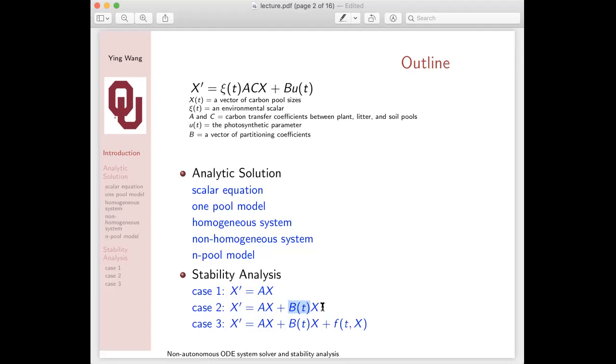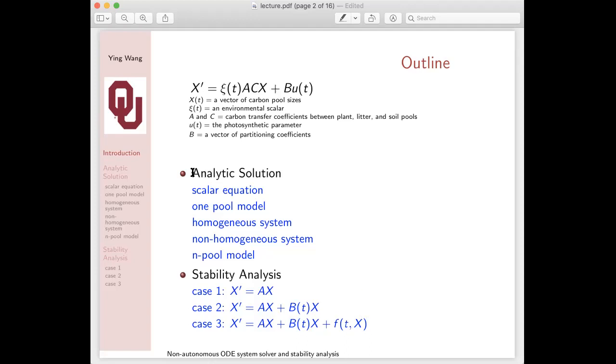So this is a non-autonomous system, but it's homogeneous. Third case, we're going to study the most general case, which is non-autonomous and non-homogeneous. The F term here makes this equation non-homogeneous, and the B and F together, they make this equation non-autonomous. We're going to walk through those two topics one by one.